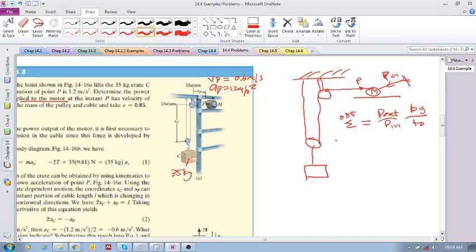So what is power? Power is F dot V, the dot product between the force and the velocity. So what do these now refer to?